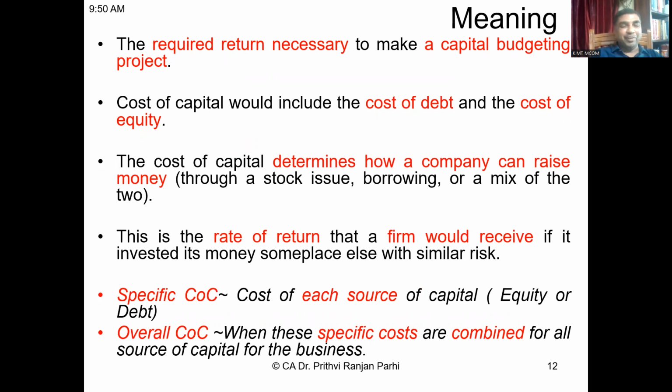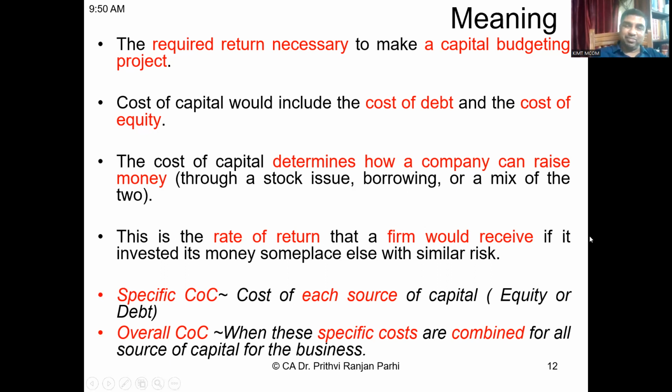Here, one more concept you need to know. Since we have learned there are different sources, maybe equity, maybe debt, each source has got a cost. They are called specific costs. For example, cost of debt, cost of equity. And there is an overall cost, which is called weighted average cost of capital. That means considering all the sources, we have to find out what is the overall cost of capital.